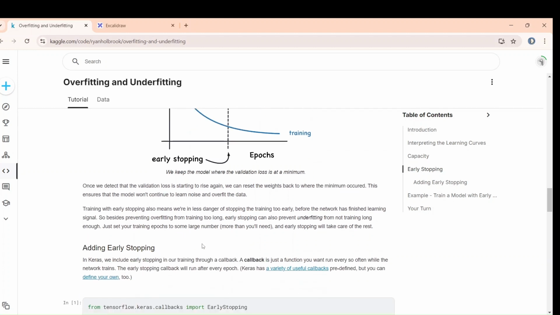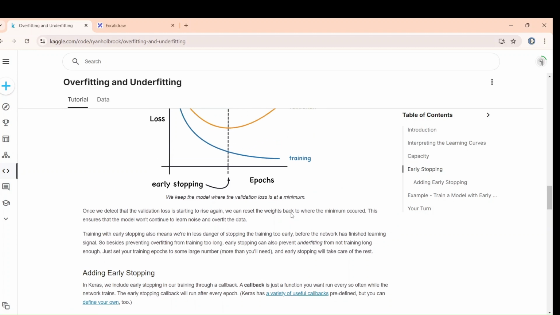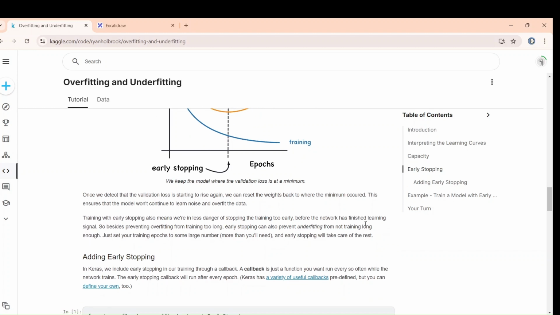Now, training with early stopping also means that we are in less danger of stopping the training too early, because we are watching, and only then stopping, before the network has finished learning signal. So, besides preventing overfitting from training too long, early stopping can also prevent underfitting.